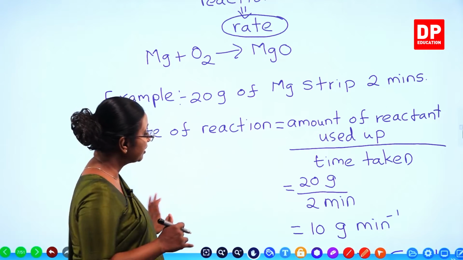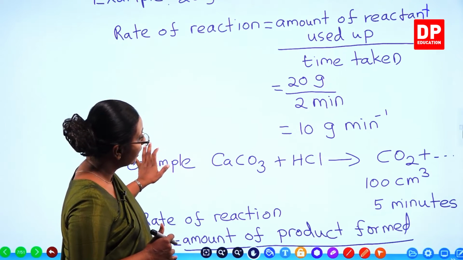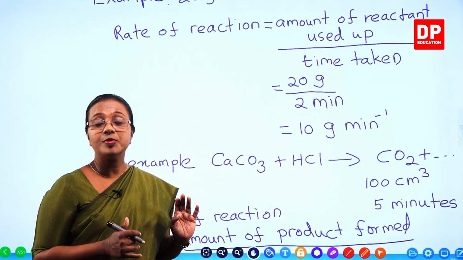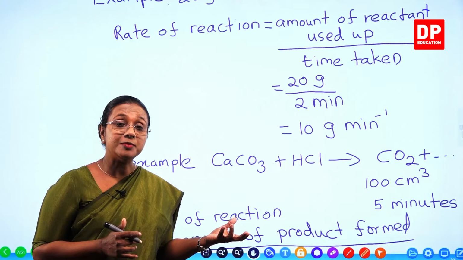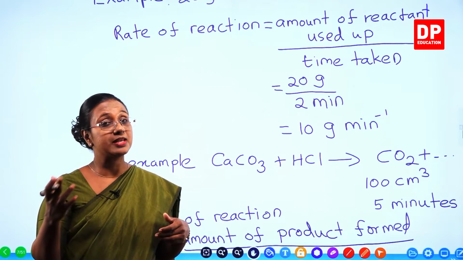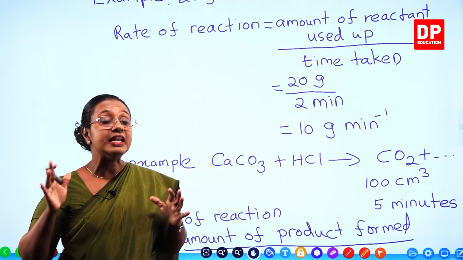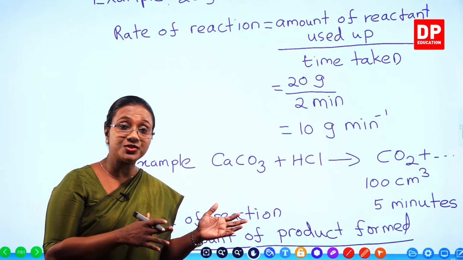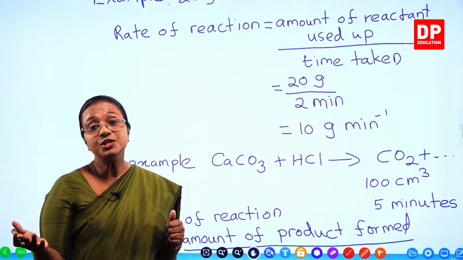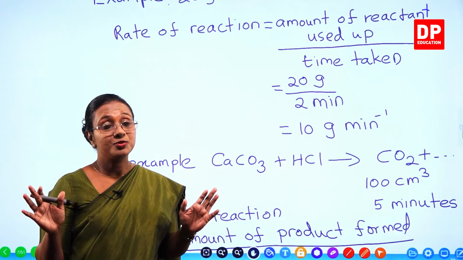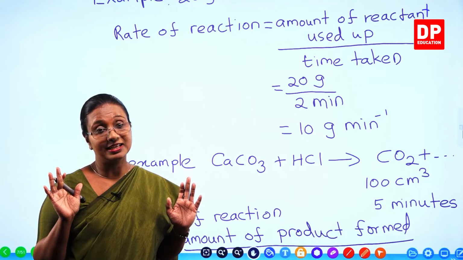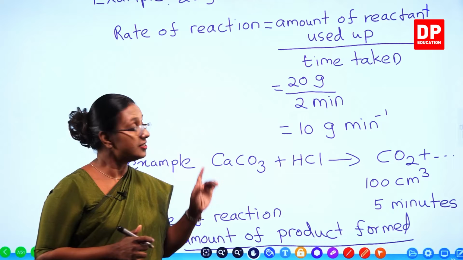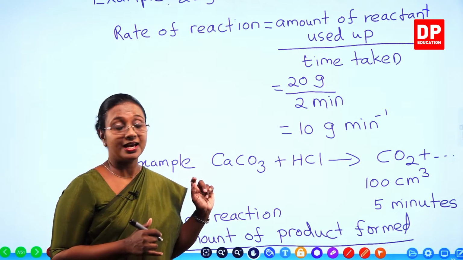It can be grams per minute, it can be centimeter cubes per minute, or it can be something per second, or it can be something per hour. Again, depending on the rate of reaction, whether it's a very fast reaction or whether it's a slow reaction. I'm sure you all can understand that clearly. So with that, students, I will move on to the next slide.